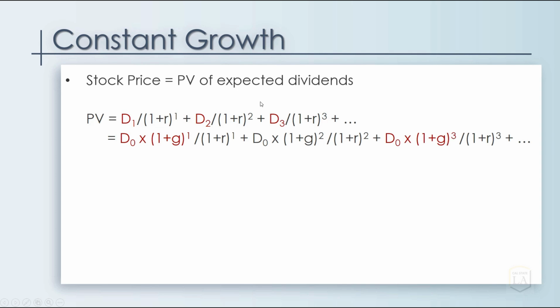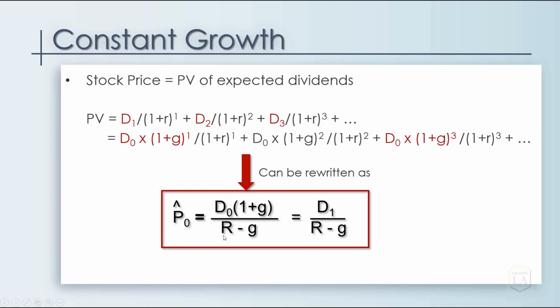If we add another mathematical principle here, this formula can be rewritten as price being equal to what is written right over here. Price is going to be dividend 0 times 1 plus g divided by the required rate of return r minus g, or D sub 1, dividend 1 year ahead, divided by r minus g.